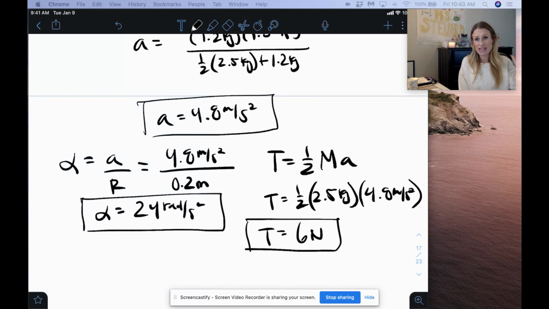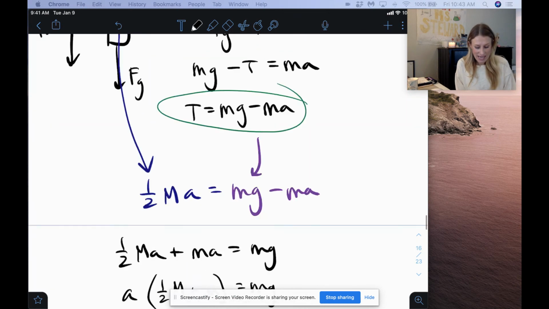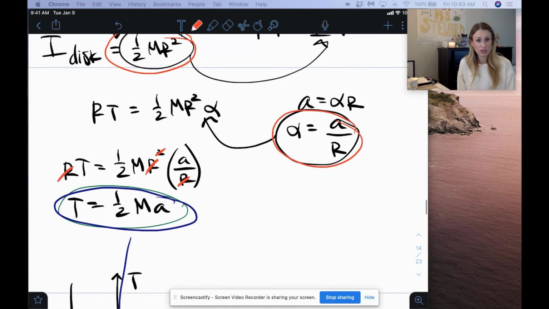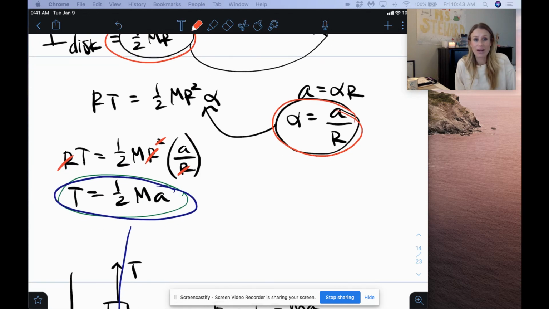And we plugged in an equation for angular acceleration, so this equation right here for our alpha. We also plugged in the rotational inertia equation for the disk because that's what a pulley is. And then we were able to cancel out a lot, like all of the r's that showed up, and we got a simpler equation.